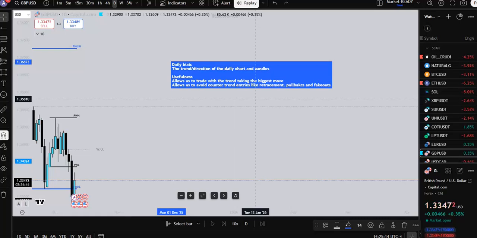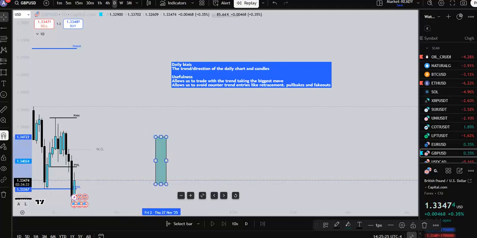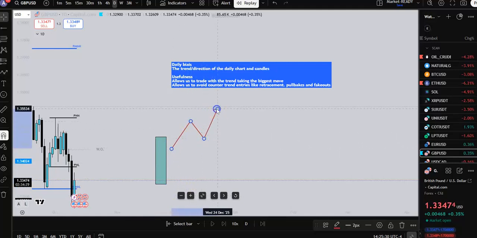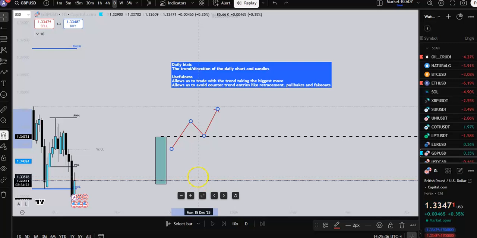So as you know, we have entry model and entry signals. Entry model, it's our model of continuation on time cycle or reversal when we sweep and reverse.